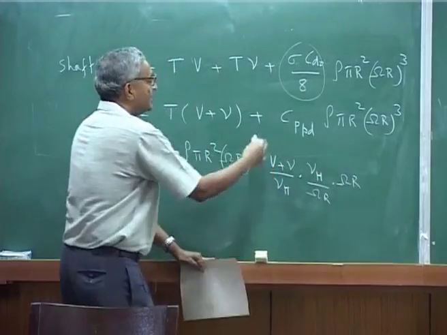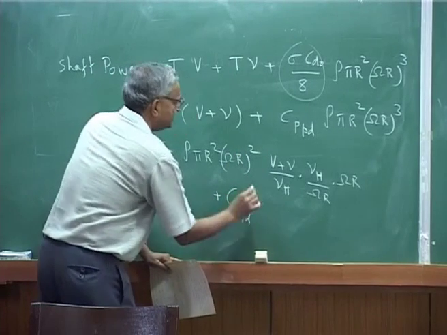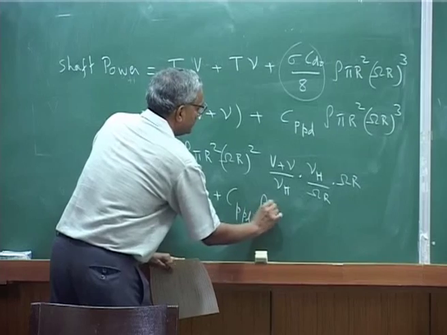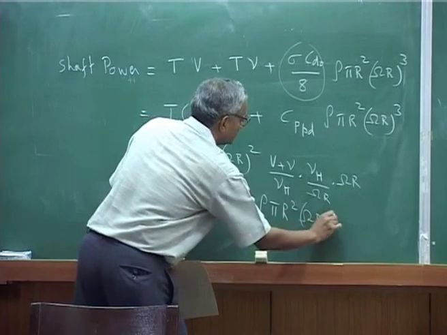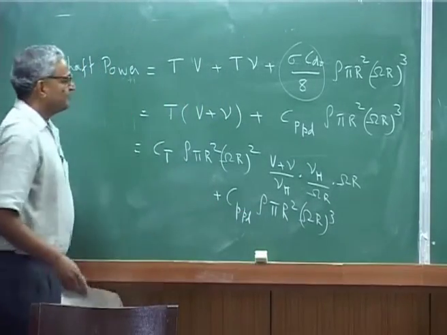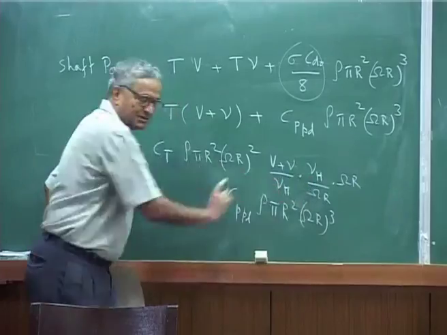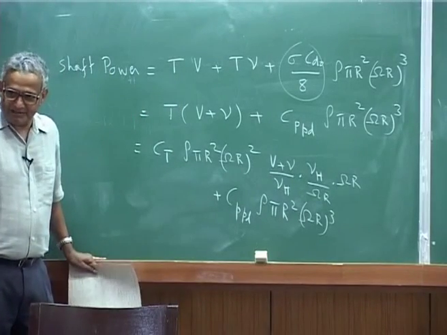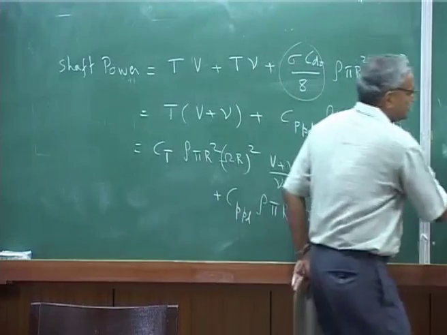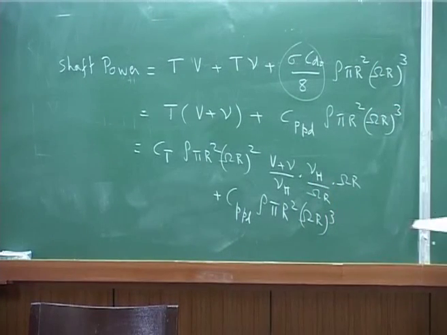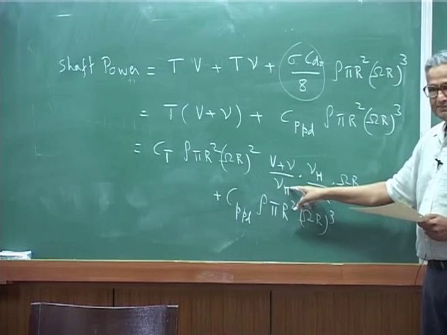Please, I am doing lot of non-dimensionalization just to get some interesting form, rho pi r square omega r whole cube, okay, because I multiply by nu h divided by nu h and omega r non-dimensional. Then what will happen is this term, I erase this part, this is V plus nu over nu h, right.